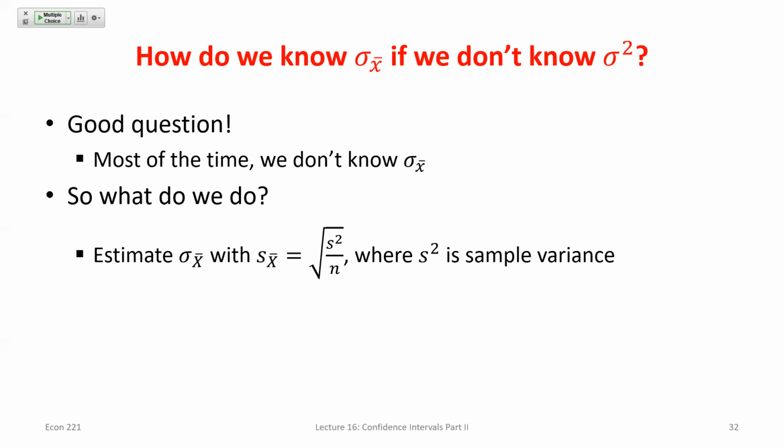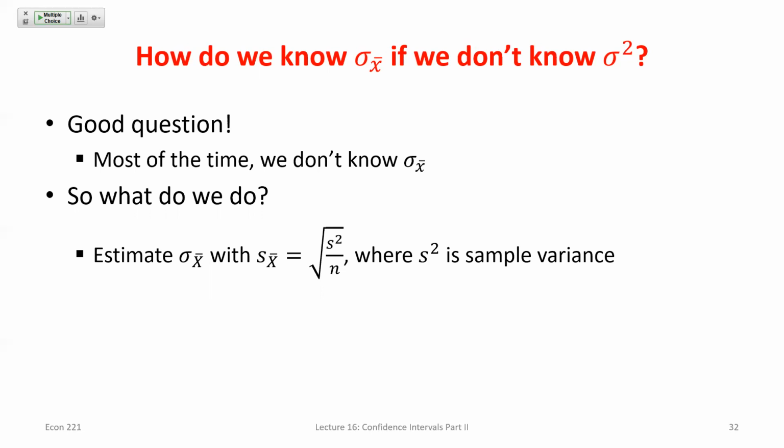We'll use a slightly different notation for the standard deviation of our sample means, because this indicates that we are still calculating it in a very similar manner as before. It's just that now we're using our sample variance as the best estimate for what the population variance is. So that's nothing too crazy.